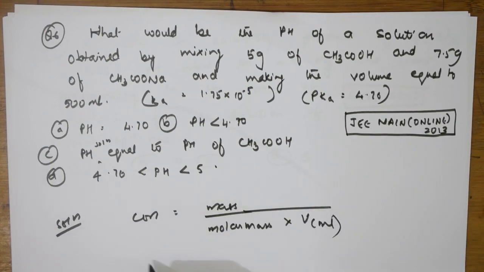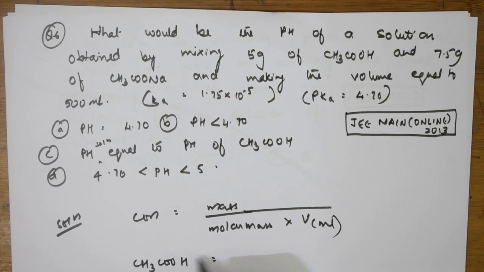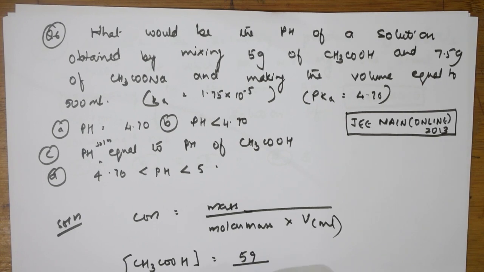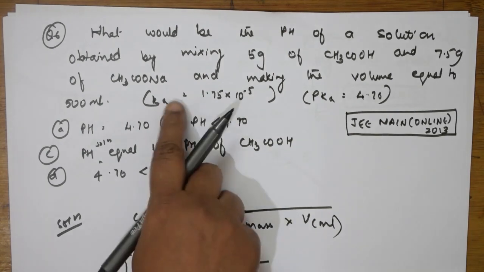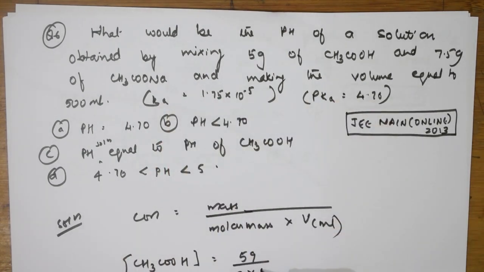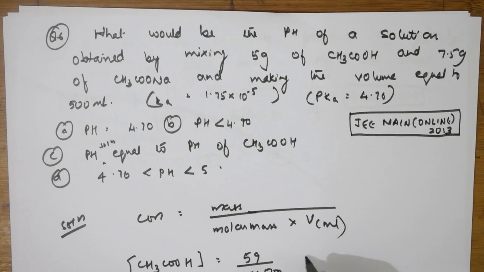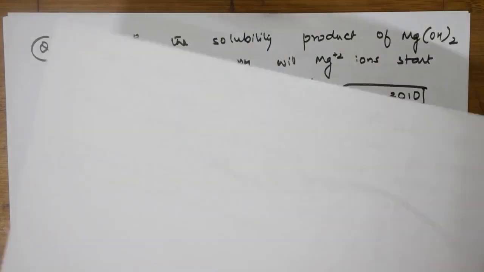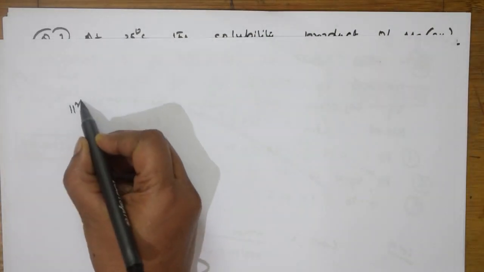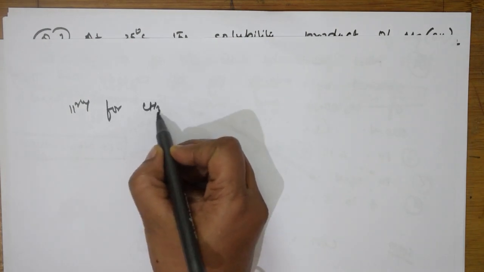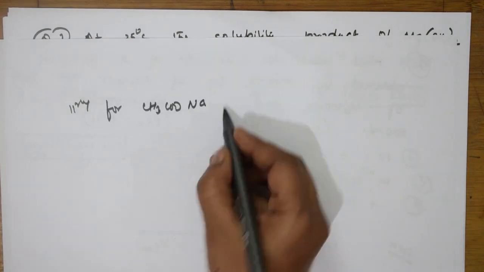Now let us speak in terms of acetic acid. For acetic acid, the mass is 5 grams. The molar mass is 60. The volume, they said, is 500 ml. When I solve this, I get an answer of 0.166 molar. Now let me find the same for sodium acetate.